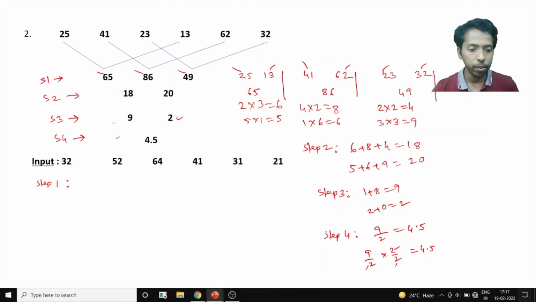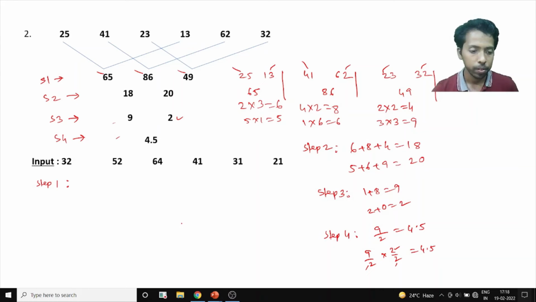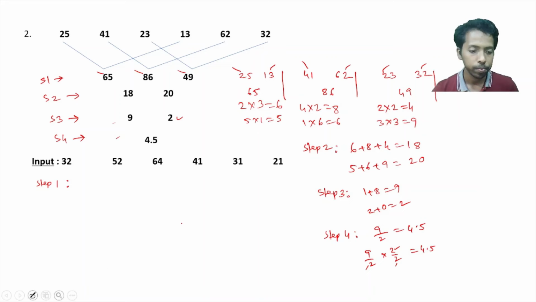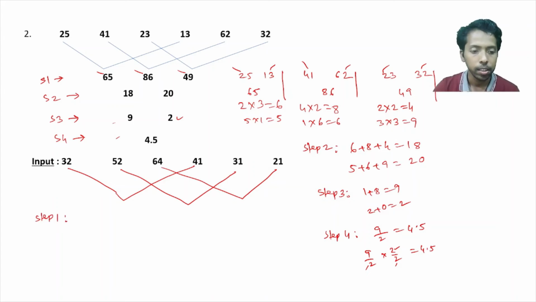So again, what we will do, just write the step one here. Okay, so 32 corresponds to 41. This way we have to find out the consecutive steps, right? So here is the step 1, 32, 41.